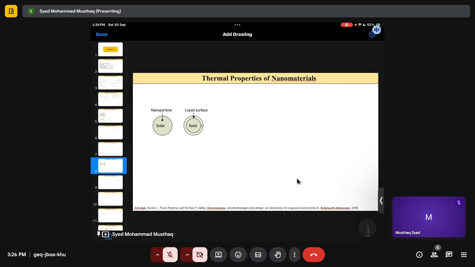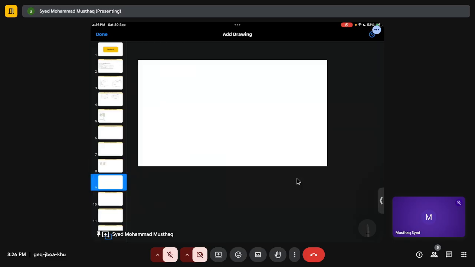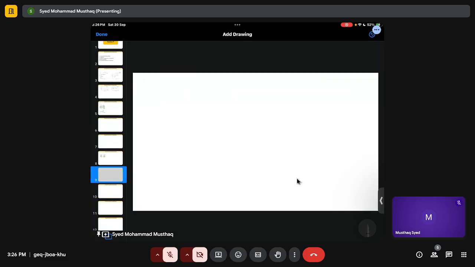So moving on to the thermal properties, right? Before going into this, I'll add one more slide. Okay, so when I talk about thermal properties, what do I mean?